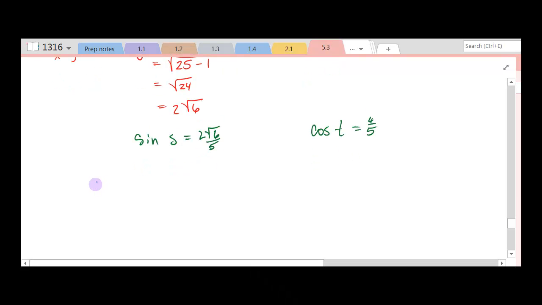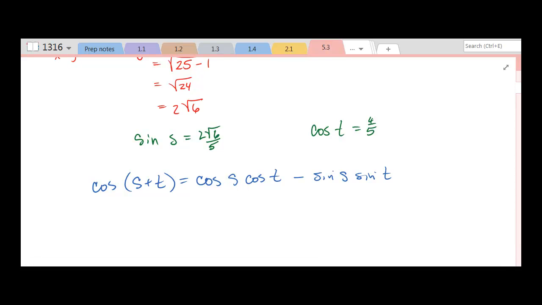Remember that the cosine of s plus t is the cosine of the first times the cosine of the second minus the sine of the first times the sine of the second. We know that the cosine of s, we were given that to begin with, and it's above there, but the cosine of s is -1/5.